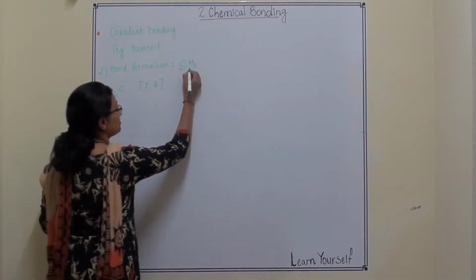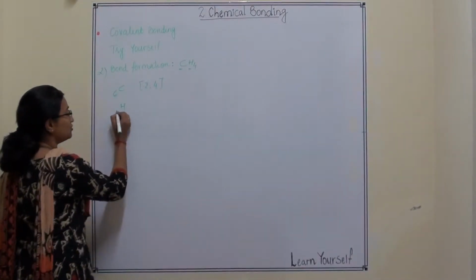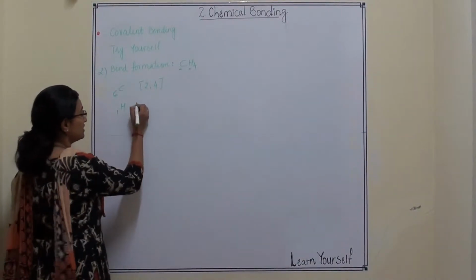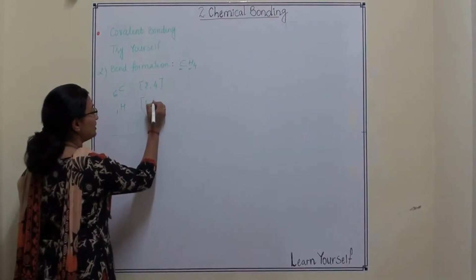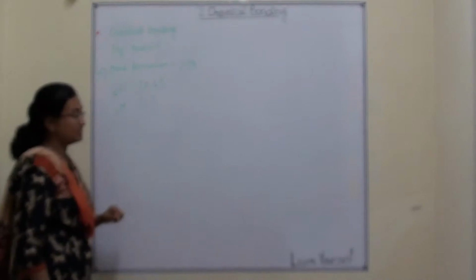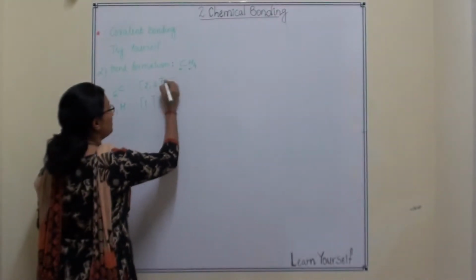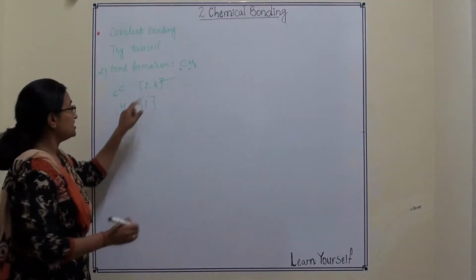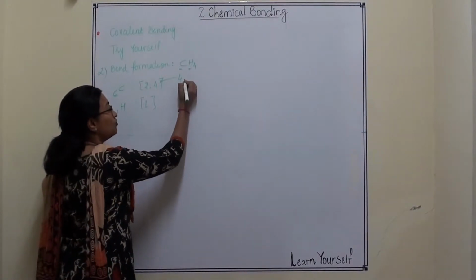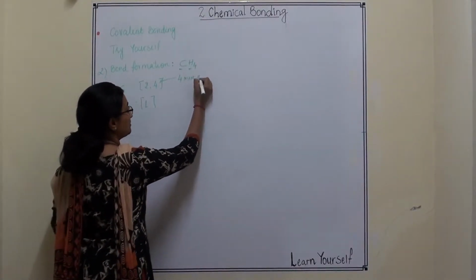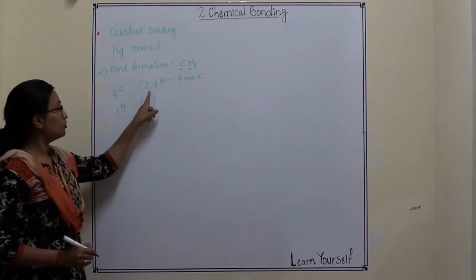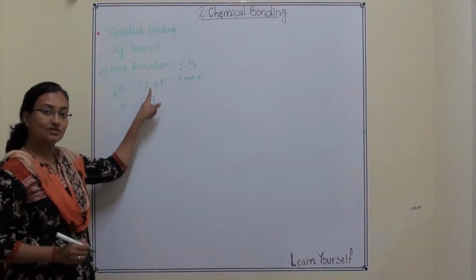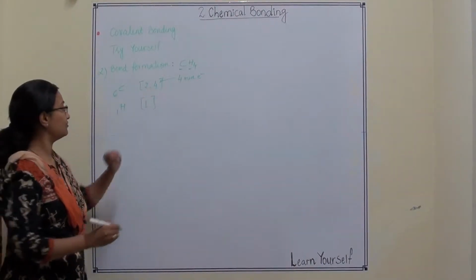Now carbon's atomic number is 6, its electronic configuration is 2, 4. Now we will write about hydrogen. As we know, its atomic number is 1 and it has only 1 electron in its valence shell. So to complete its octet, carbon requires 4 more electrons and it will follow the nearest noble gas neon's electronic configuration.